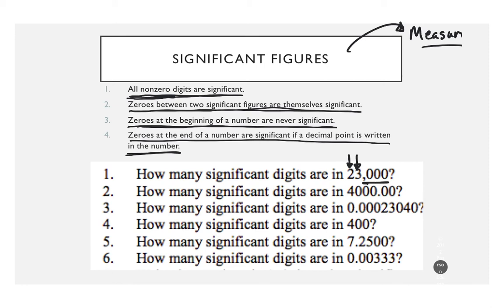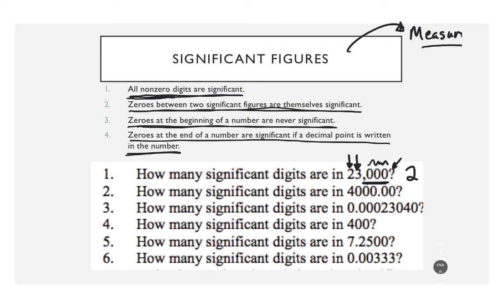These zeros are at the end; they're not between anything, so they don't fall under that rule. Zeros at the beginning of a number are never significant, and there aren't any zeros at the beginning of the number. And zeros at the end of a number are significant if a decimal point is written in the number. There is no decimal point in here, so we can conclude that these zeros are not significant, and this only has 2 significant digits.